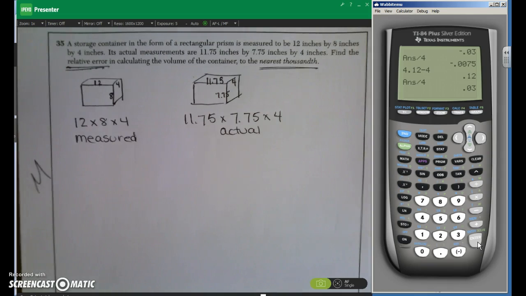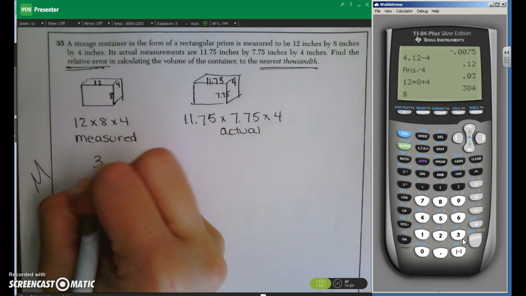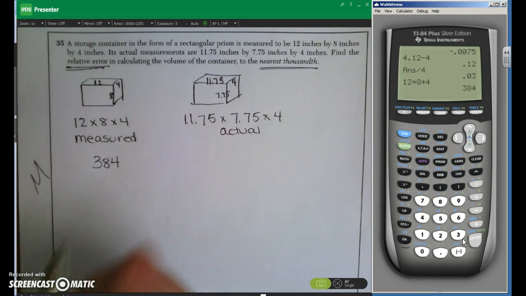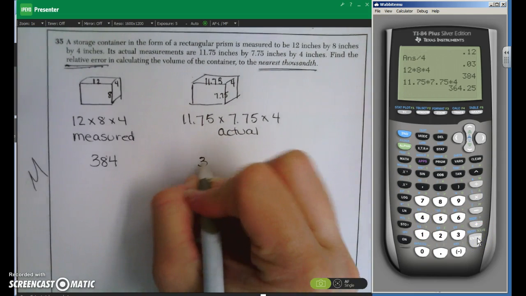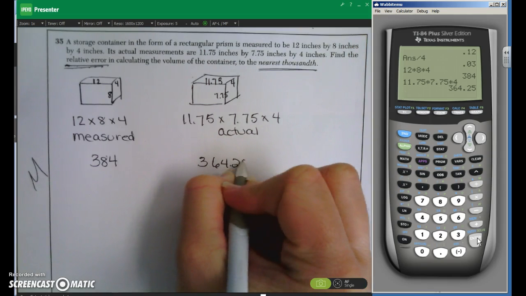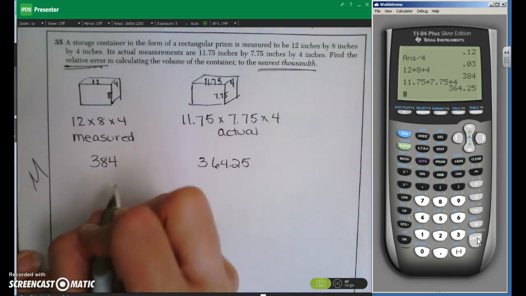So first, let's just figure this out. We've got 12 times 8 times 4. That's going to give us 384. This is our measured. Now we're going to do 11.75 times 7.75 times 4. This is going to give us our actual. And now we just use our formula from before.